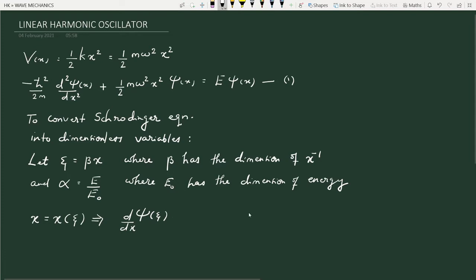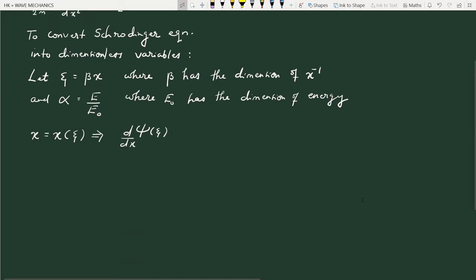So d by dx of psi theta is equal to d by d theta of psi theta into d theta by dx. We are using the function of a function rule. So what is d theta by dx?